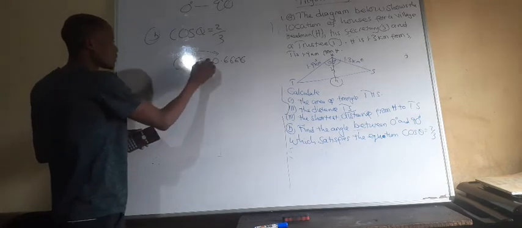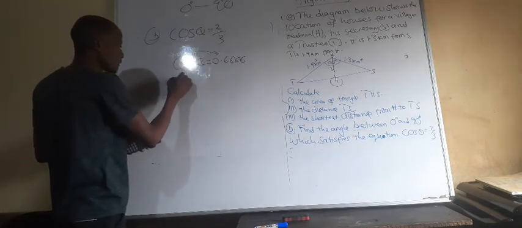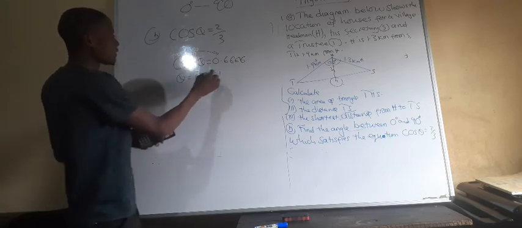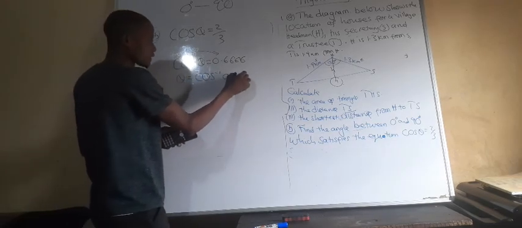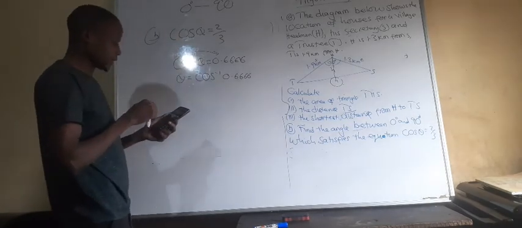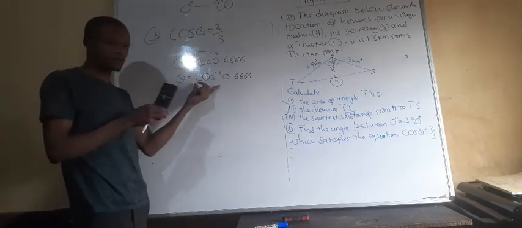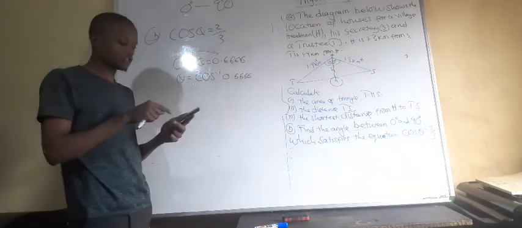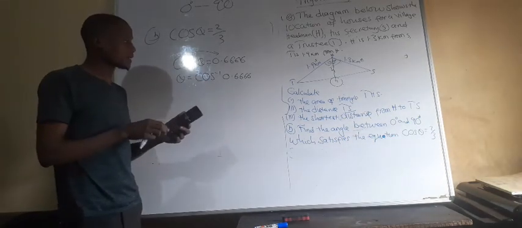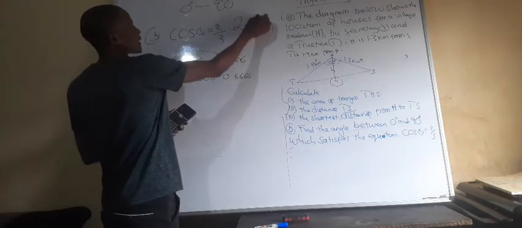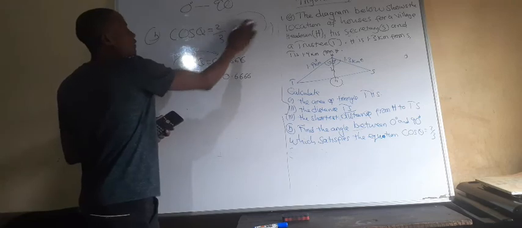So when this cos goes there, we remain with theta, which is equal to cos inverse 0.6666. So you do the same thing on the calculator. Now to get the cos inverse, you go where it's written shift, depending on the calculator you have. Others have the second function written like this, but most of them have shift.